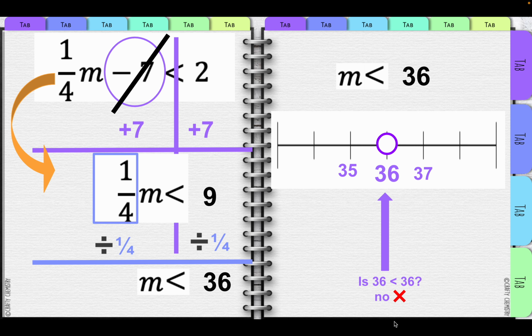This bit down here, you don't have to write this in your notes if you don't want. I'm just showing you my thinking, okay? So instead of m, I'm going to replace it with 36. Is 36 less than 36? It's not. Then I'm going to try 37. Is 37 less than 36? Nope. And is 35 less than 36?